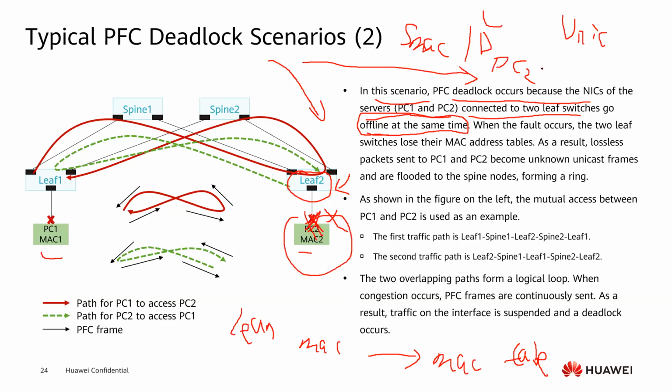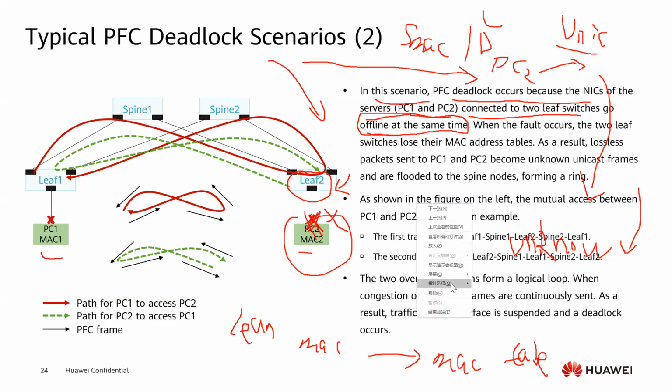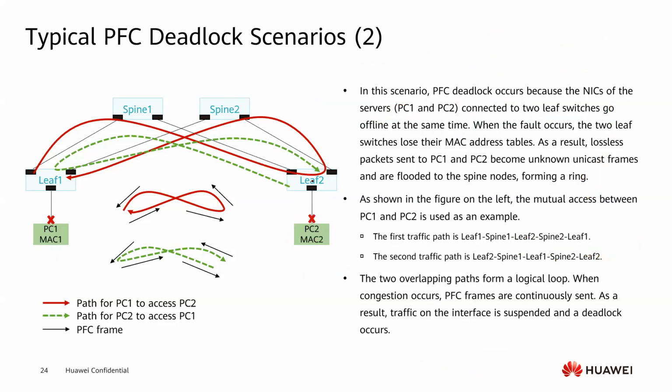So this unicast packet will become an unknown frame for leaf2. Because it's an unknown frame, leaf2 will flood the packet.